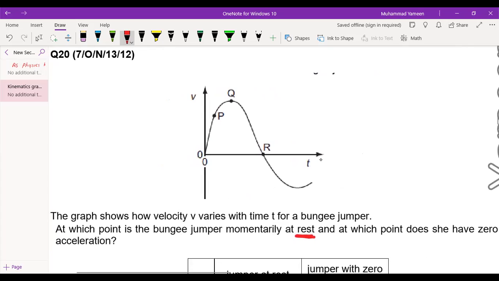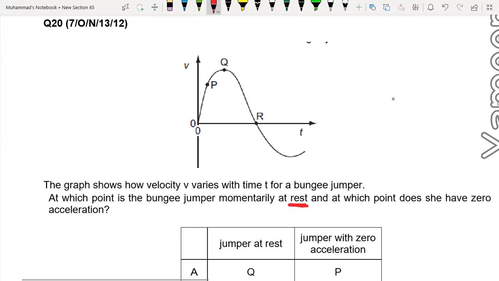You know, the gradient of velocity time graph gives us acceleration, and gradient is zero at turning point. Over here, gradient is maximum, it decreases to zero. So at point Q, gradient is zero. So acceleration at point Q is zero. So for zero acceleration, it is at Q.